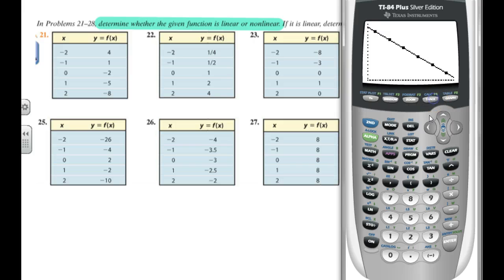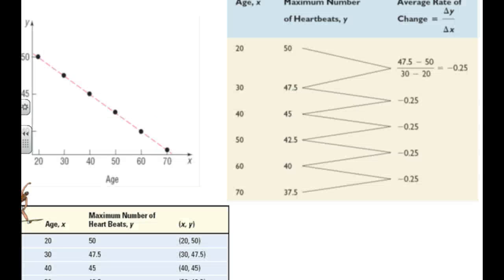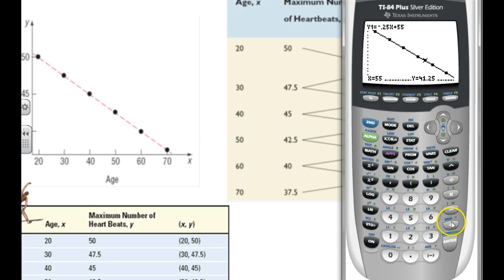So if I hit trace, 55, which was not actually a statistical point, hit trace, arrow down to get on the line, 55, you can see this is not actually a point that was on the function, but I can make predictions. If x was 55, it's around 41.25, and that's pretty close, in line with what you see here.